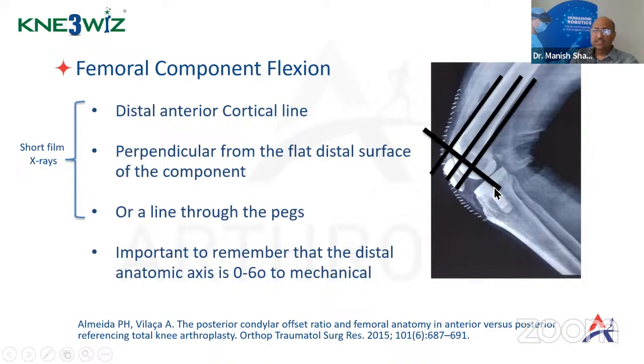This is the flat distal surface of the component, a perpendicular through it, and the distal anterior cortical line. Here it's important to remember that we are following the distal anterior cortical line. This is 0 to 6 degrees to the mechanical axis in flexion.